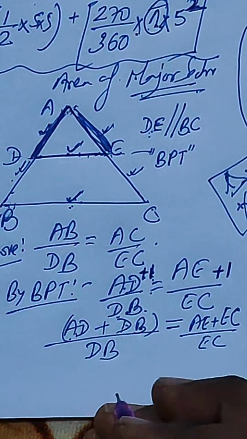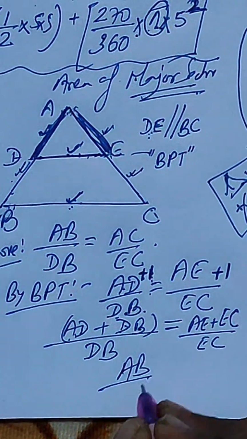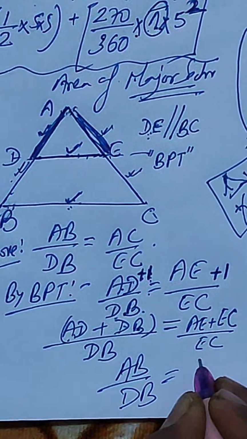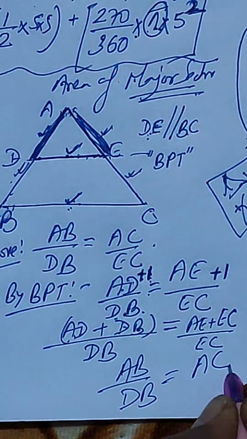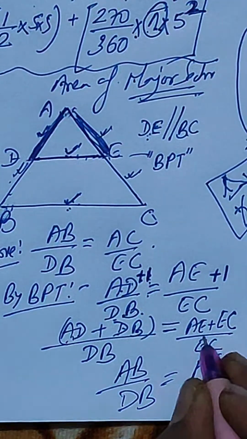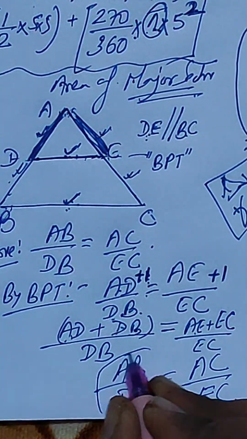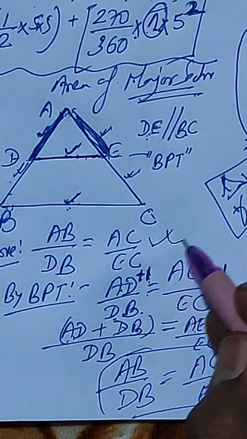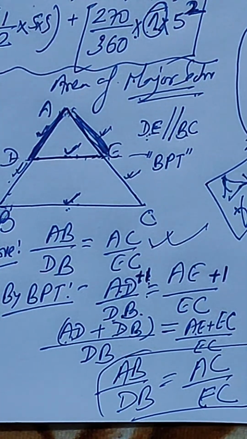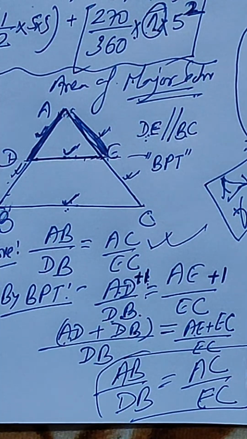So we can write AB by DB is equal to AC by EC. Isn't this the same thing which was to be proved? So in this way this question can be solved, my dear friend, right?